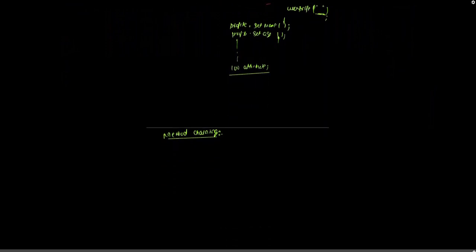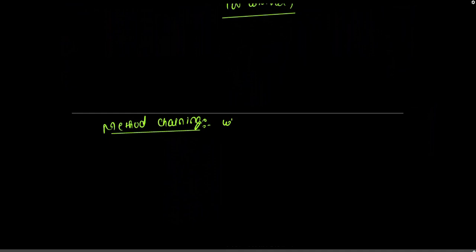The method chaining is when a method is returning its own object, itself.